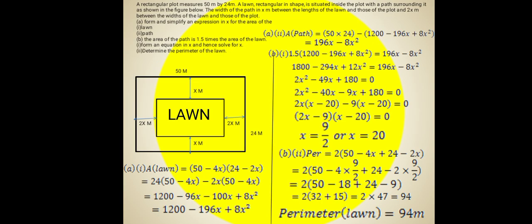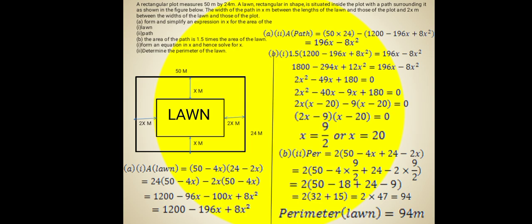A rectangular plot measures 50 meters by 24 meters. A lawn rectangular in shape is situated inside the plot with a path surrounding it as shown in the figure below.